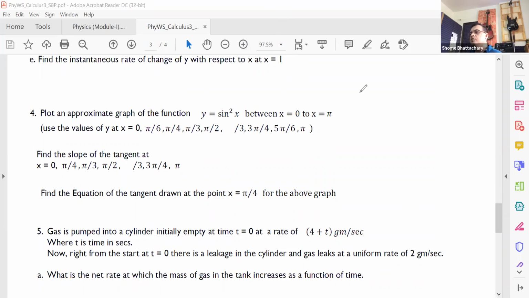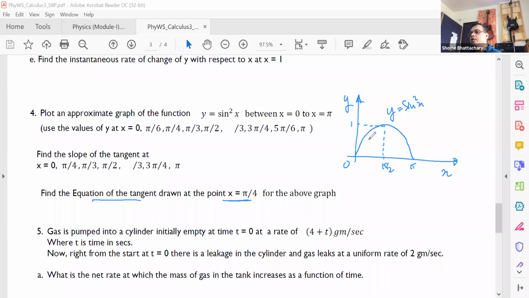By the time you do the graph of this, you'll realize that the graph of y is equal to sine square x, after plotting the values, will come out something like this between 0 and pi. Now we have to find the equation of tangent at the point x equal to pi by 4. So first of all, let's see the point x equal to pi by 4. So that's here.